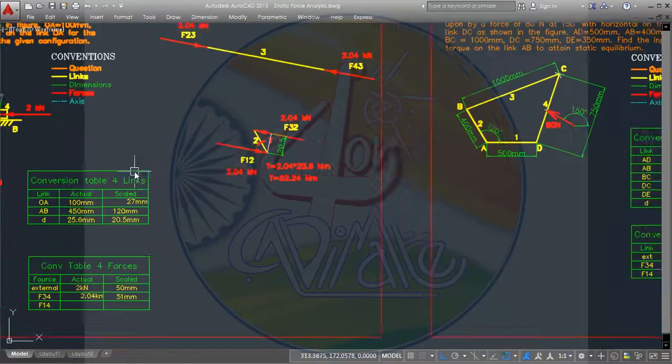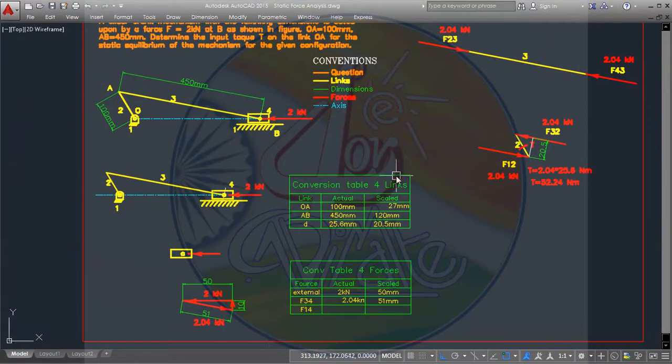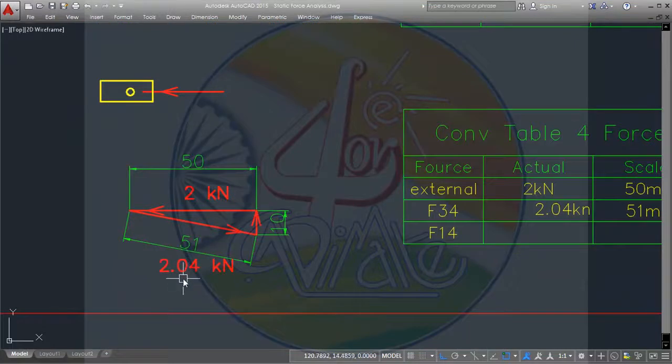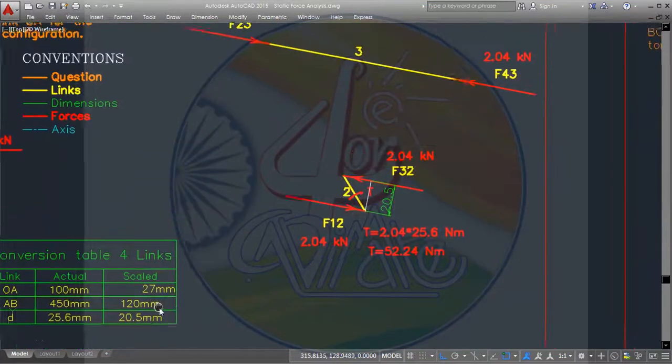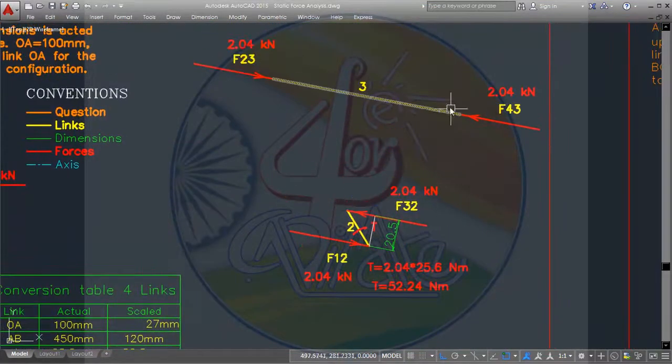Fine. So this is clear. So first we have to take the free body diagram of this, take all the forces, then with the same forces make a triangle. With this triangle you will get the unknown force. The same unknown force you have to apply on this link. There are only two forces acting, equal and opposite everywhere. Now the same force reaction will act on this side of link 2.